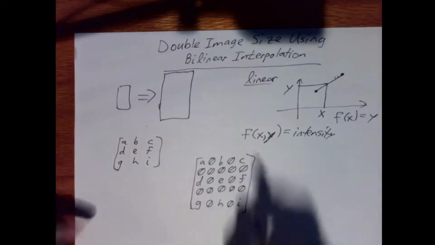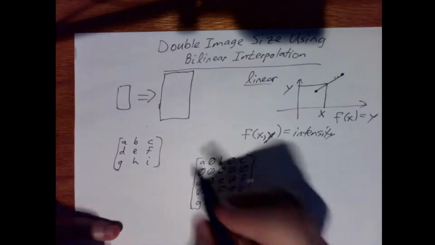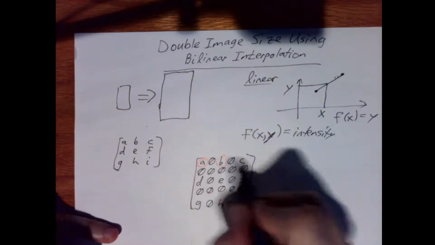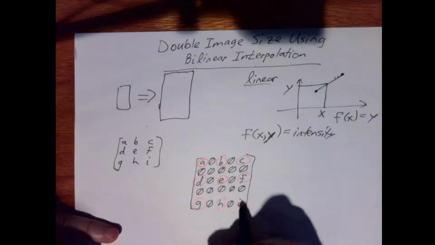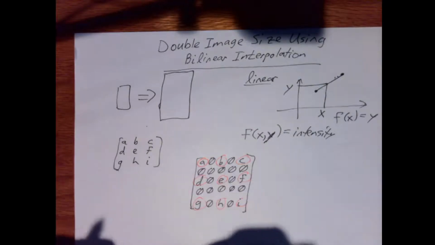So we see there's an original value, a zero, an original value, and so on. I've just sort of spread this out.